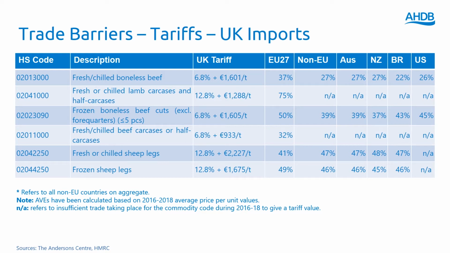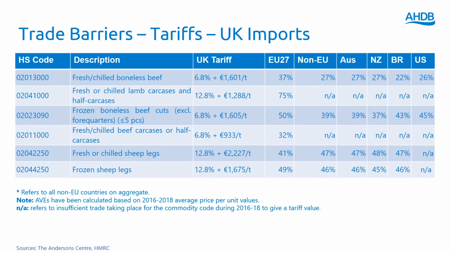And you can see we've divided this out between a number of different regions, the EU27, non-EU countries as a whole, and also looking at Australia, New Zealand, Brazil and the US as well. And for these tariffs, if we take beef as an example, the UK's proposed tariffs are at a lower level to what is the case for the EU's common external tariff at the moment.